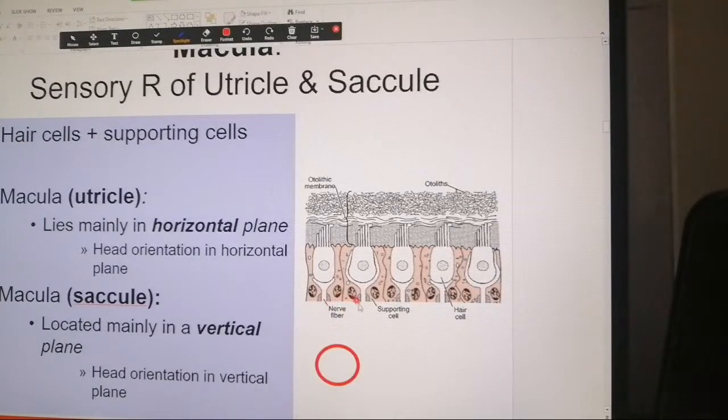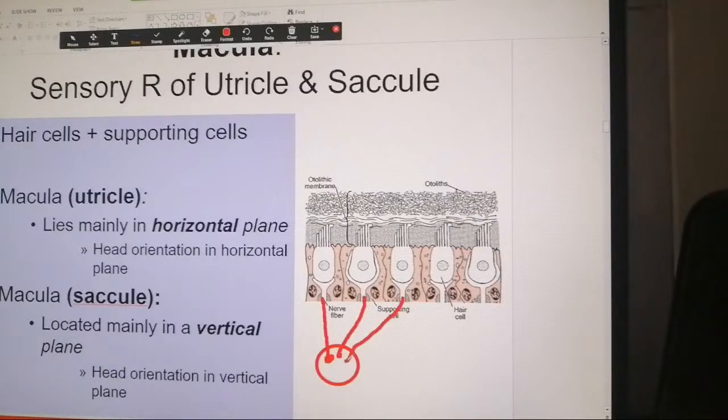So whatever signal these nerve fibers bring to the vestibular apparatus, the vestibular apparatus works based on that. This is the nerve fiber, and its designated area is here. This nerve fiber, its designated area is here.